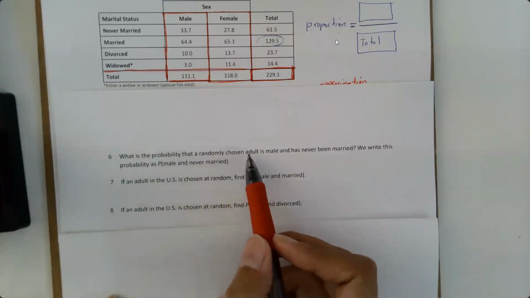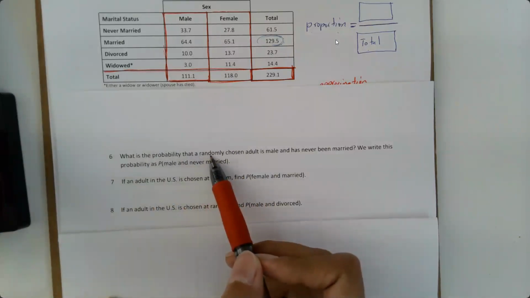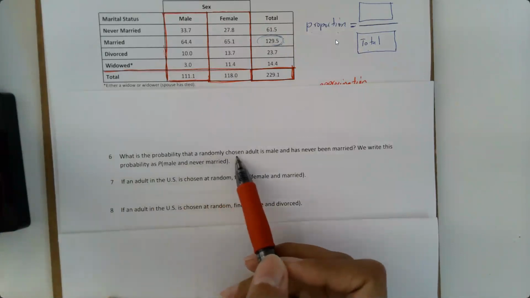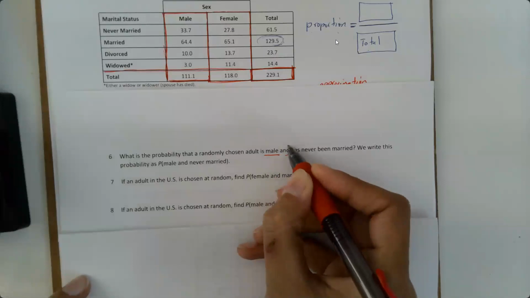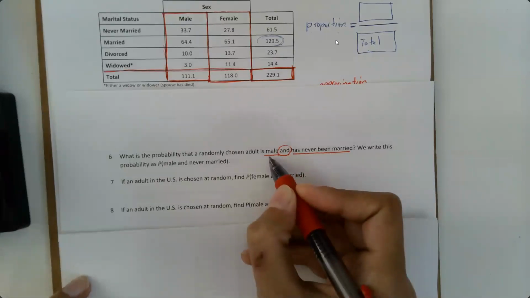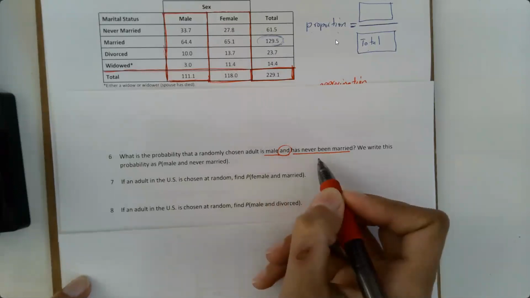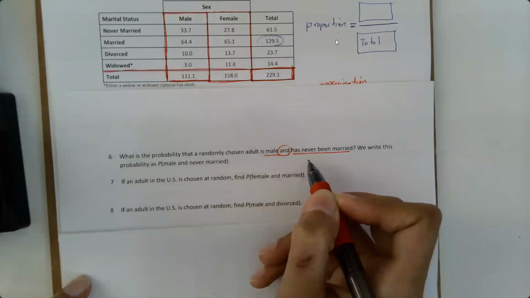We're interested in the probability that that randomly selected adult is male and has never been married. So we are joining two categories together.